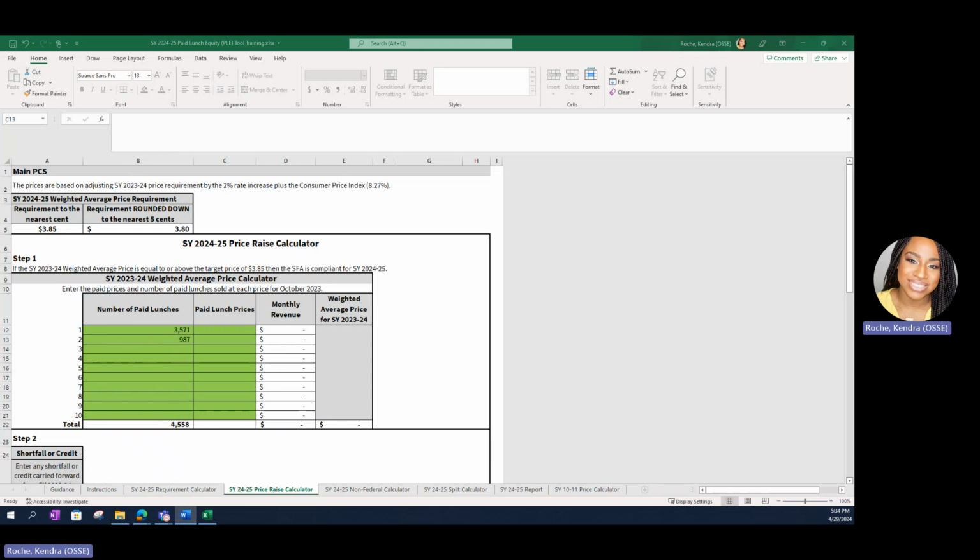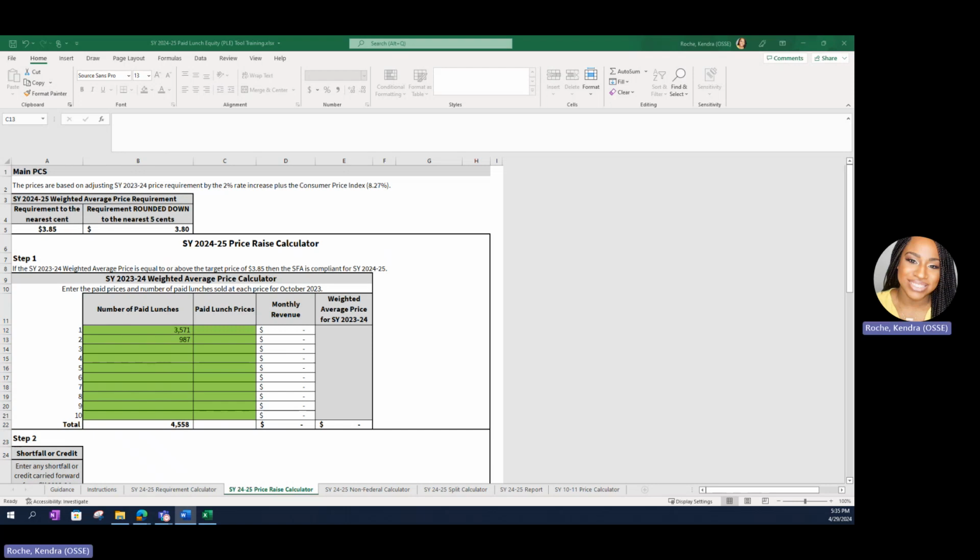To find the paid lunch prices from October 2023, go back to Orchard, click on Nutrition Management, Applications, 2024 fiscal year, Management Plan, Eligibility and Pricing, then look at the Lunch Meal Prices section.